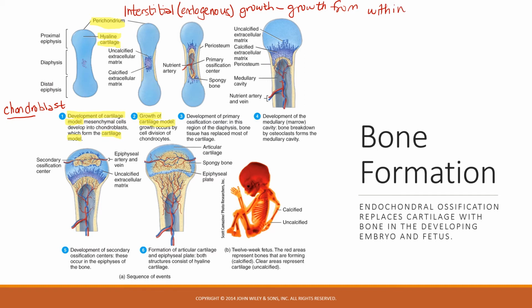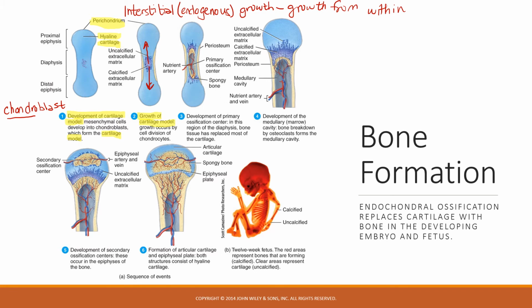This is the type of growth where the chondrocytes produce more extracellular matrix, adding to the length. So this is growth from within. We're going to be adding to the length of the cartilage model.